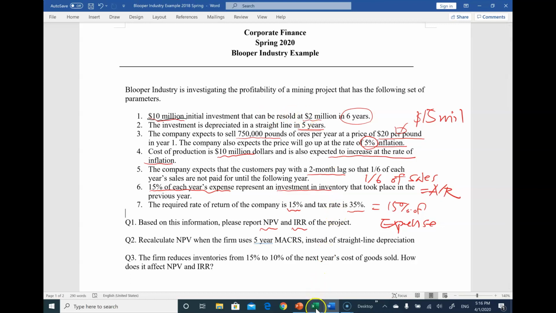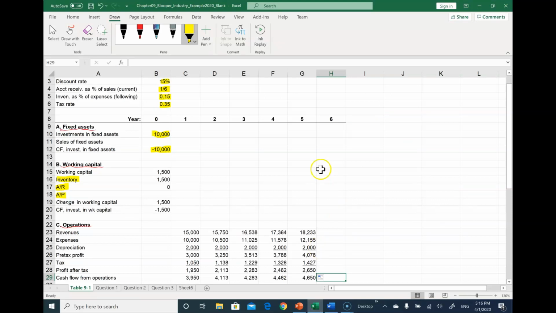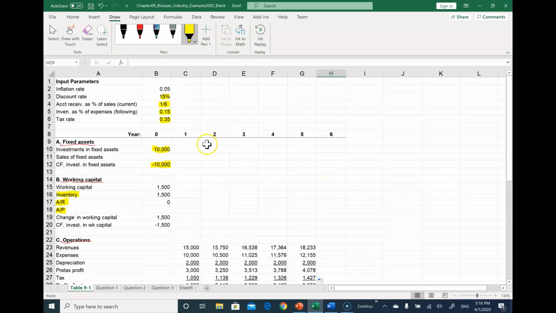So we have to go back and include that as a part of the sales of the fixed asset in year 6, right? So we can say this is $2 million.